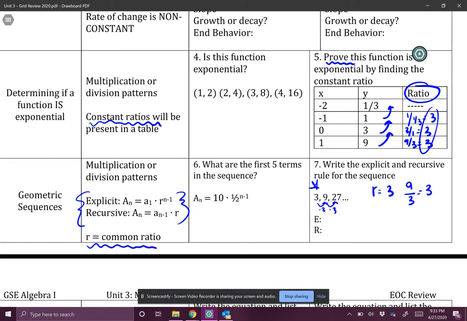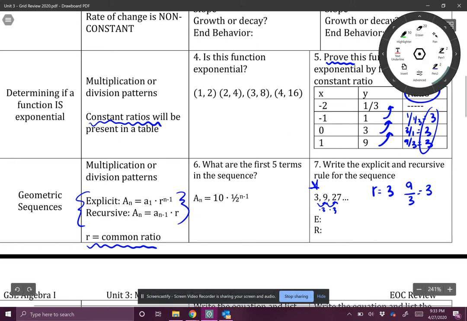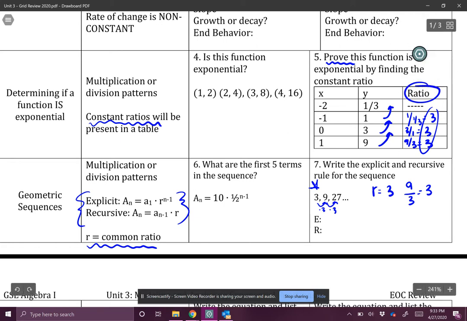So our explicit formula in this case, we would have a sub n, because we're writing an explicit formula that we could use for any term number, equals a sub 1. And where I'm looking is right here on the side that we just outlined. a sub n equals a sub 1. a sub 1 is our first term, and our first term is 3, multiplied by r, which is our common ratio or our pattern, which would be 3 to the n minus 1 power.